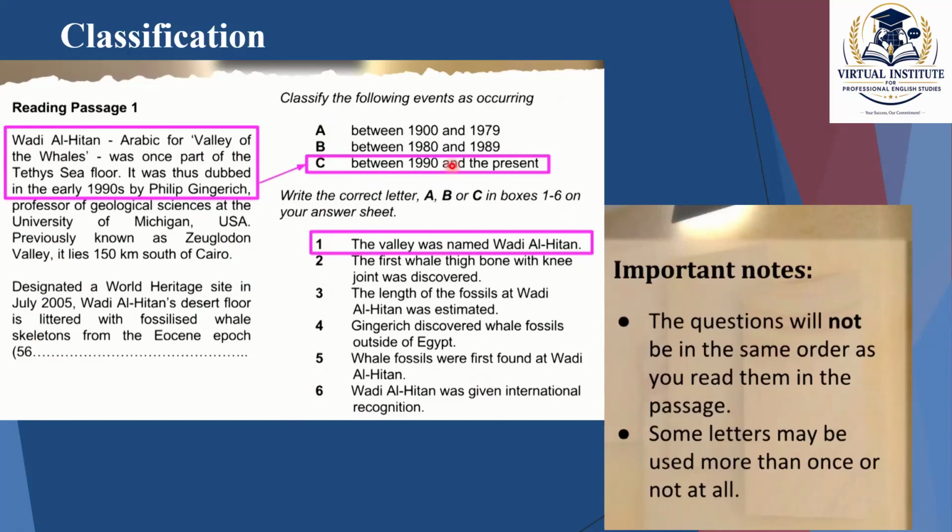Say all the events in question number 1, question number 2, and question number 3 happened in this time period. So A could be used even thrice. For example, none of these events has happened between 1980 and 1989, so B may not be used at all. And the same is the case with C.